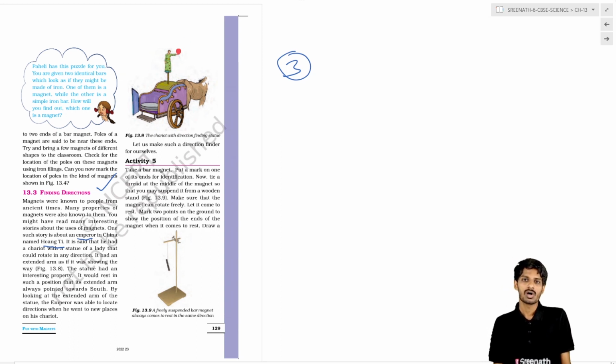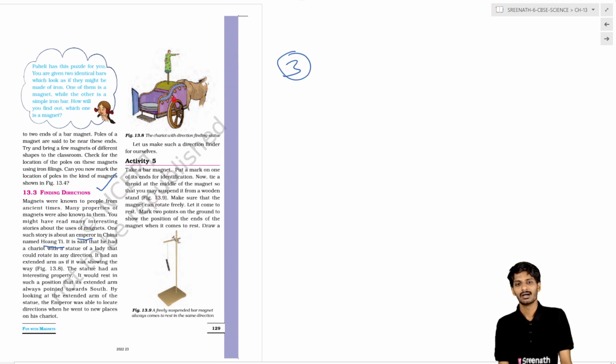So how does this toy know the direction? We are going to crack this logic. How does this toy, if it travels to any place, tell the emperor the direction of north? Now we are going to discuss it.